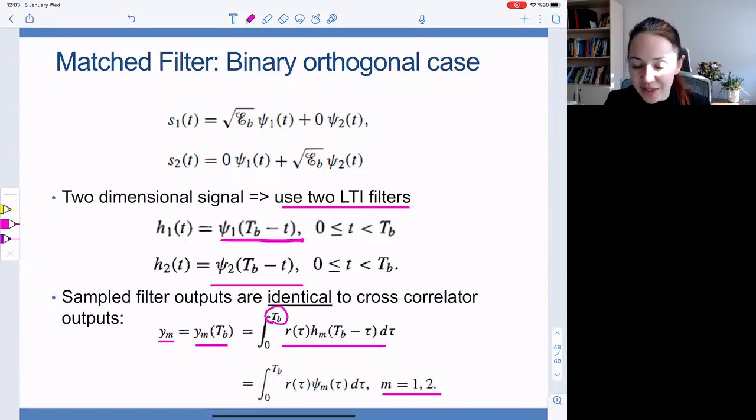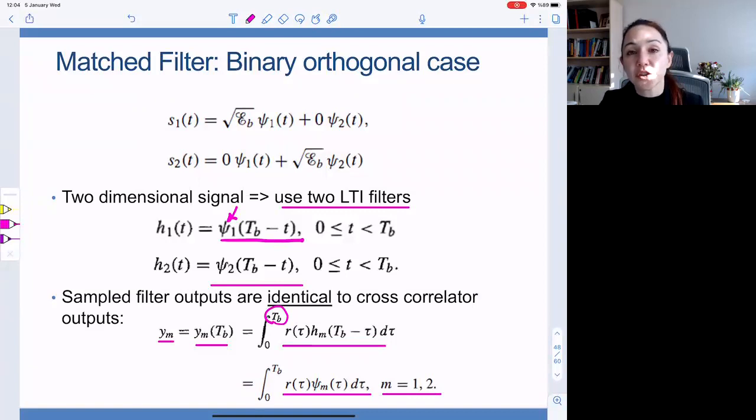Notice that this is going to be identical to the correlator output for that particular signal, phi 1. So this is the correlator output that we are already familiar with. And Y2 is going to be the correlator output of the received signal with phi 2.